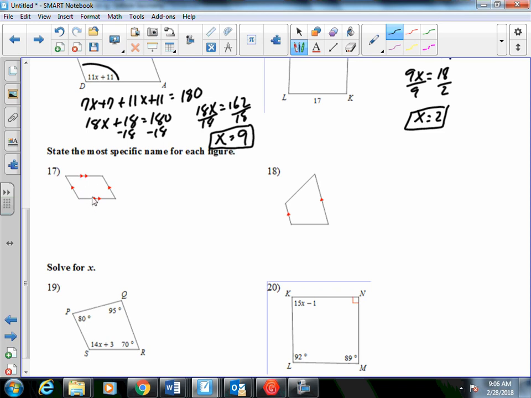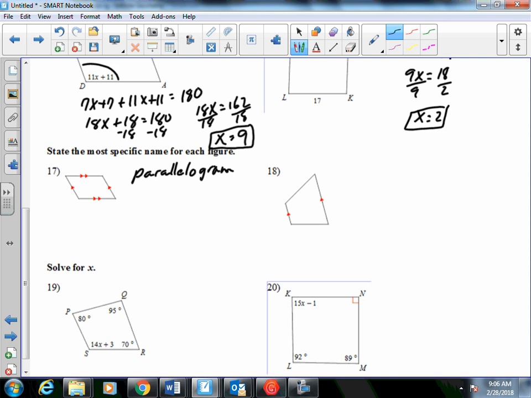The little arrows here are saying that the sides opposite each other are parallel. We have nothing that tells us any sides are congruent or that any angles are 90 degrees. So as far as we can go here is to simply say it's a parallelogram.